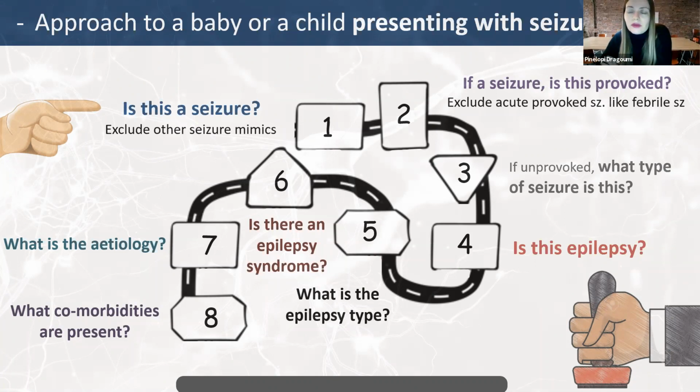Is this a distinct epilepsy syndrome that we can identify, which is not always the case. It's mostly not the case to identify an epilepsy syndrome early on. And even from the beginning, as we said earlier, we need to think about etiology, especially if there are features of a treatable disorder, and never stop thinking about comorbidities and treat those as well.